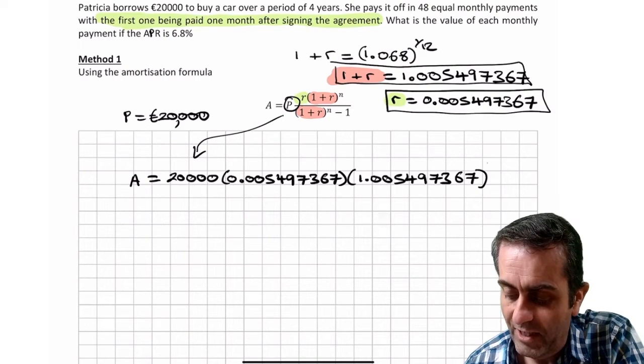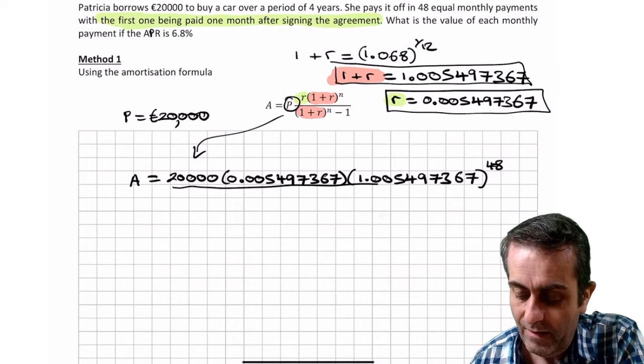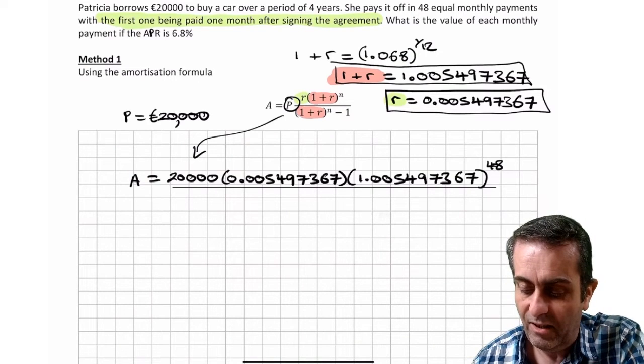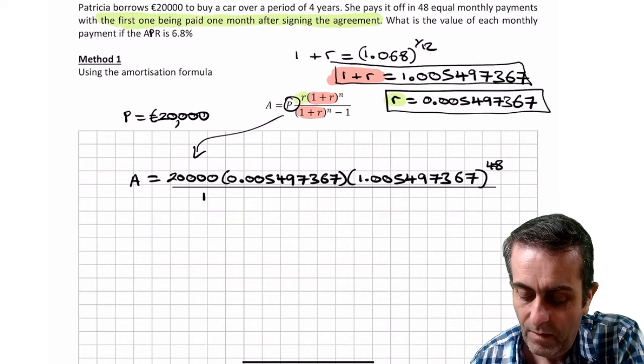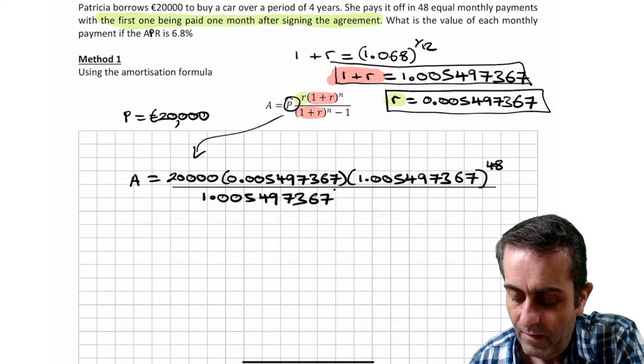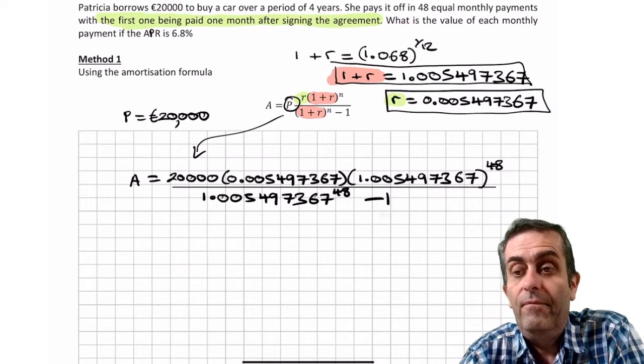So that's to the power of 48, excuse me. Now that's all to be divided by 1 plus little r, again highlighted in red, 1.005497367 to the power of 48, and then subtract 1.